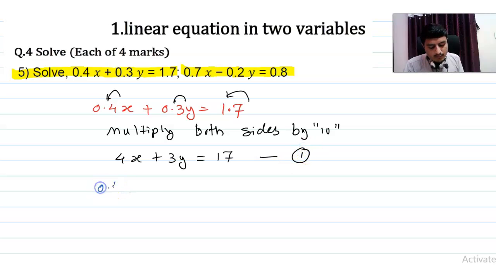The second equation is of the form 0.7x minus 0.2y equals 0.8.